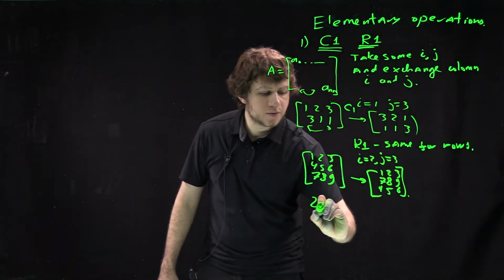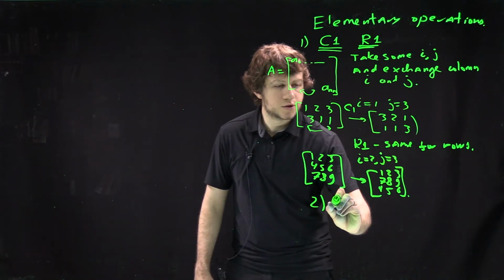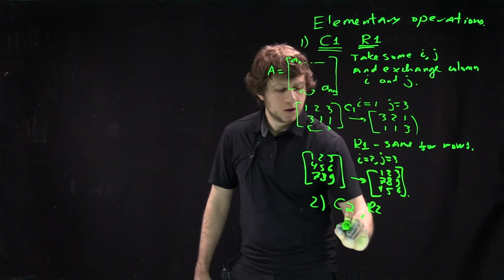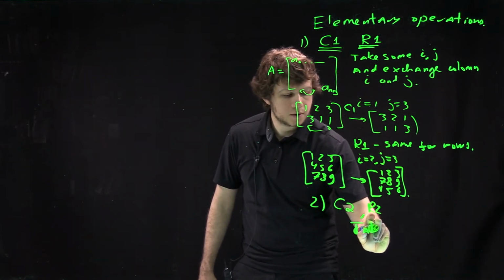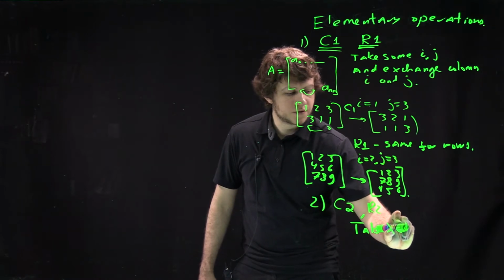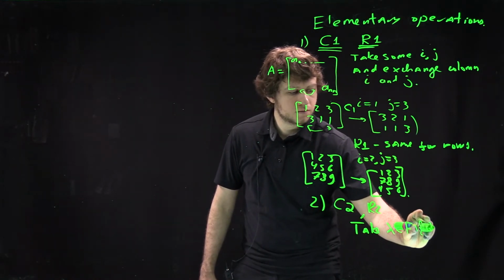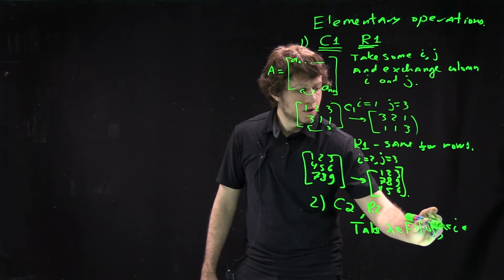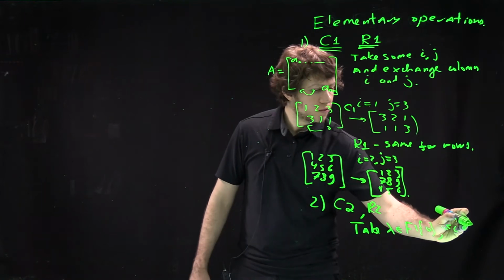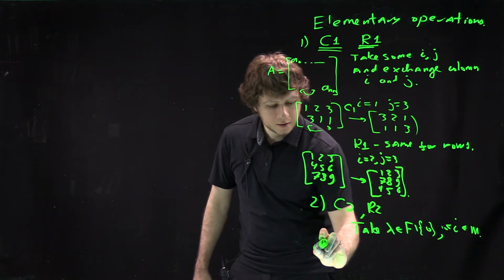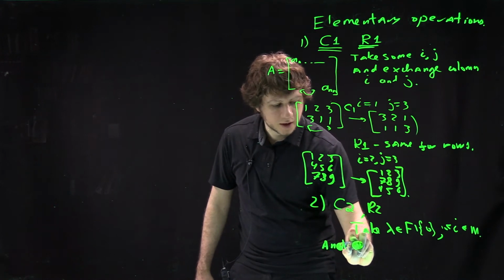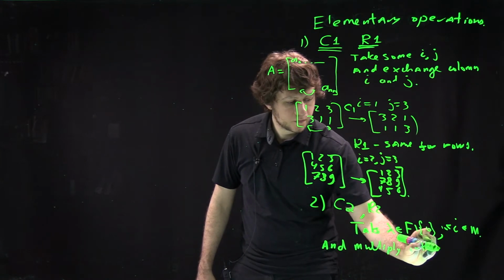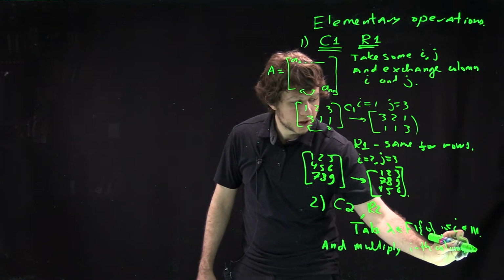The second elementary operation is C2 and R2. For C2, take some lambda, which is an element of the field but not equal to 0, and some I from 1 to m, the number of columns, and multiply the ith column by lambda.